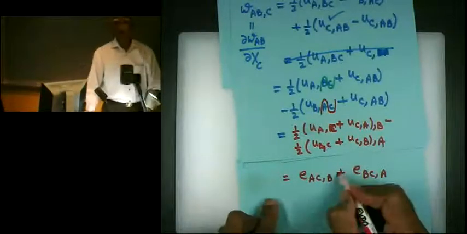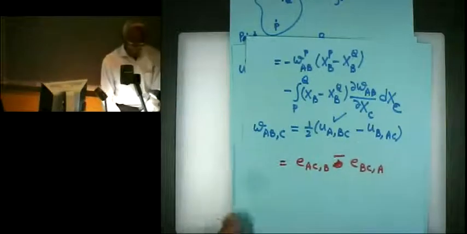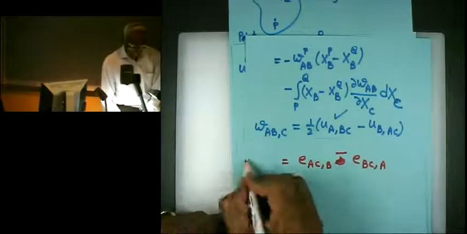Oh, minus. Yes, you are right. Minus B. And this all still equals omega A, B, still, C? Yeah, right. We are not done yet. We are going to go back now. So all of this was omega A, B, comma C, was this, was that. So all of this is omega A, B, comma C.